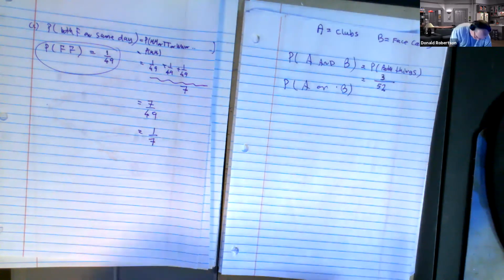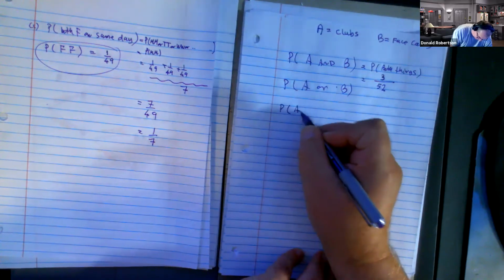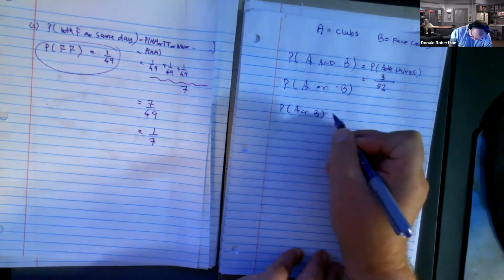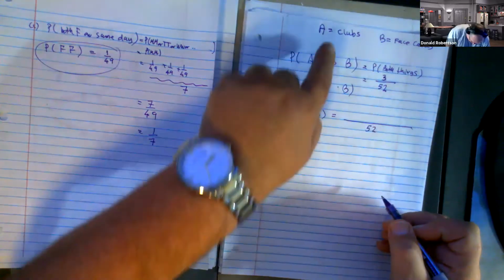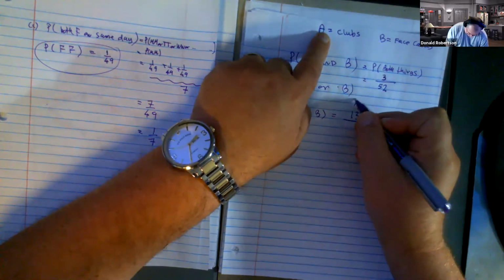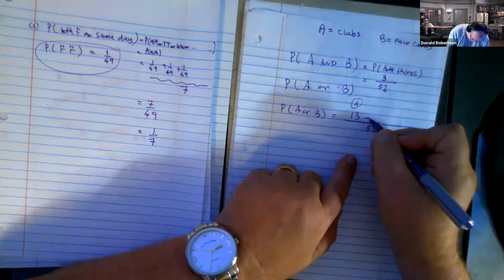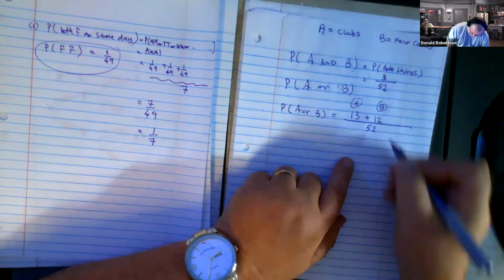Now, if you want an A or B, a little bit trickier. There are 52 cards. Clubs, there are 13. So that's the A bit, right? Added to face cards. Now there are 12 face cards.